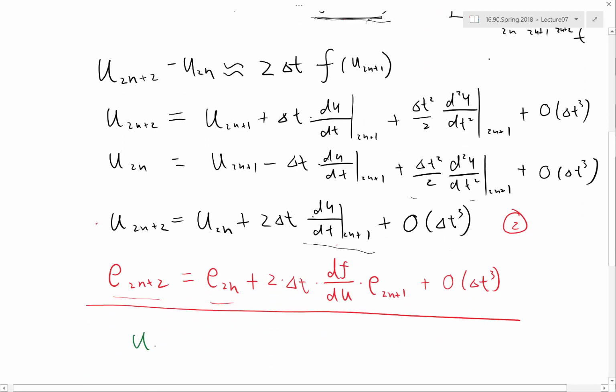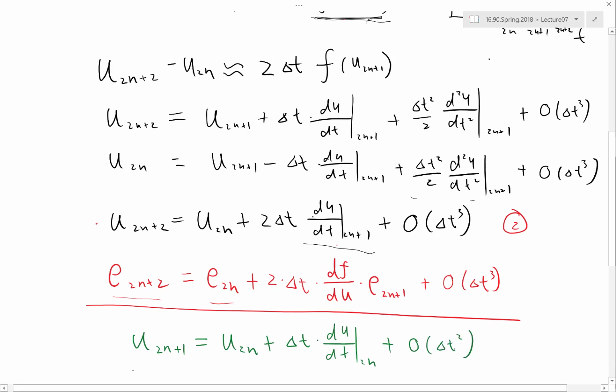So u of 2n plus 1 would be equal to u of 2n plus delta t times du dt at 2n plus O of delta t squared, right?